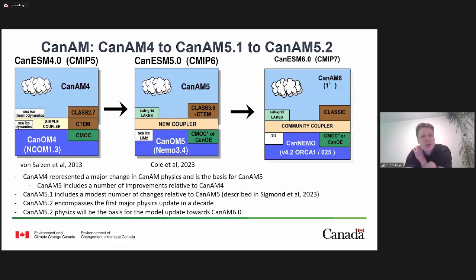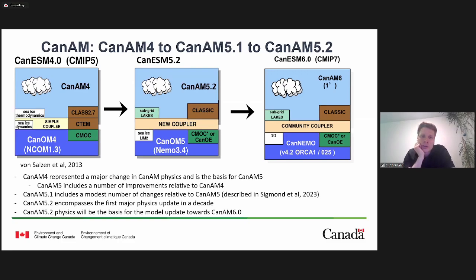If we go through the history of the Canadian atmospheric models, our last major physics update happened in 2011 or 12, I believe, was published by Clint in 2013, and was part of the CMIP5 contribution with CanAM4, here on the top left-hand side. As we moved to CMIP6, we had some minor updates to the atmospheric model, particularly updates to the land-surface atmosphere interaction, which I'm going to cover in detail in a couple of minutes.